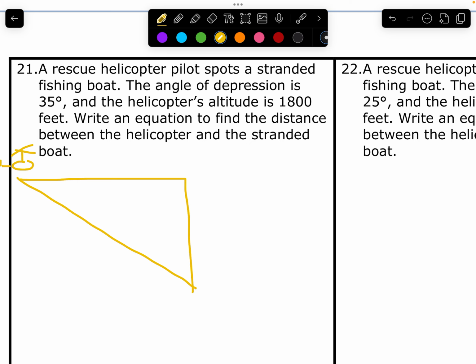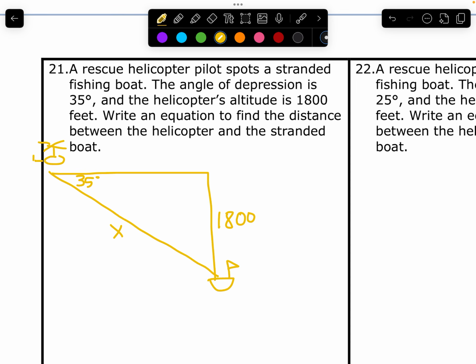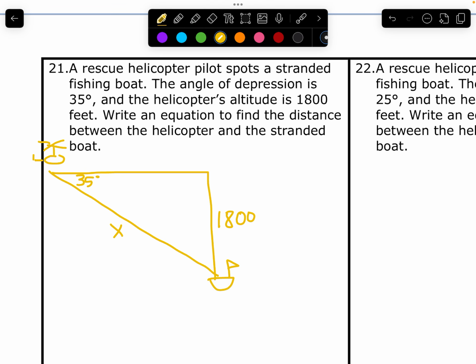And then it says that the angle of depression, which is here, is 35 degrees. And the altitude, which is just another word for height, is 1,800. And we're trying to find the distance between the helicopter and the stranded boat. This is the boat down here. Okay, I'm going to change colors real quick.